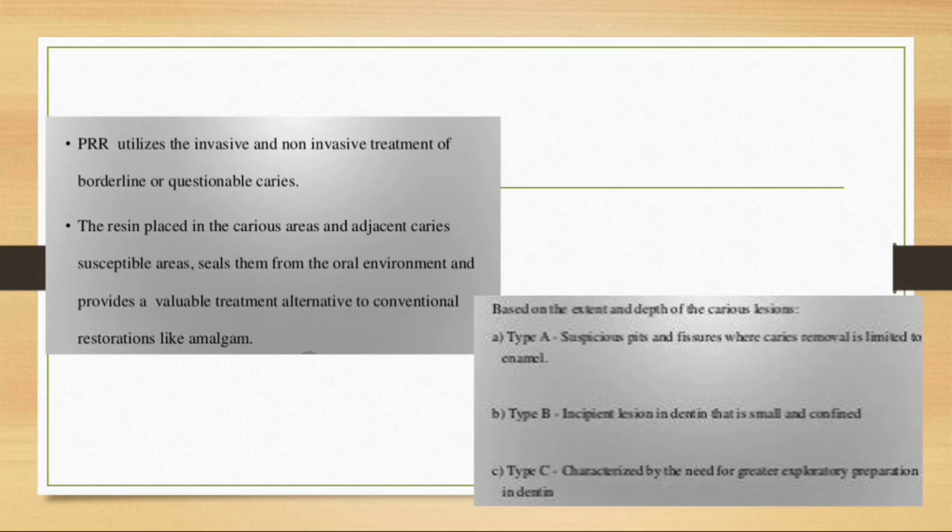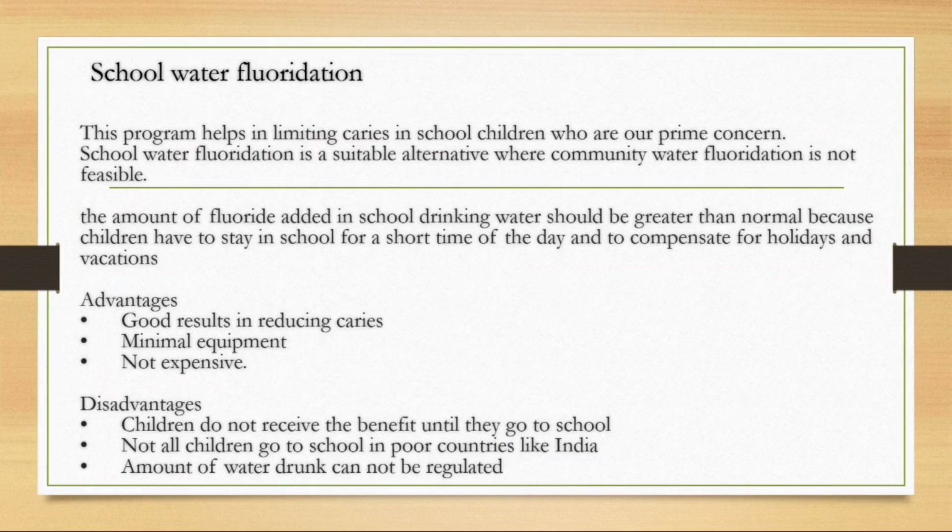Whereas pit and fissure sealant is just a sealant material applied on the normal tooth without any cavity cutting. Okay. So community water fluoridation we already discussed in detail, why we are applying 4 to 5 ppm instead of 1 ppm, and what are the results.